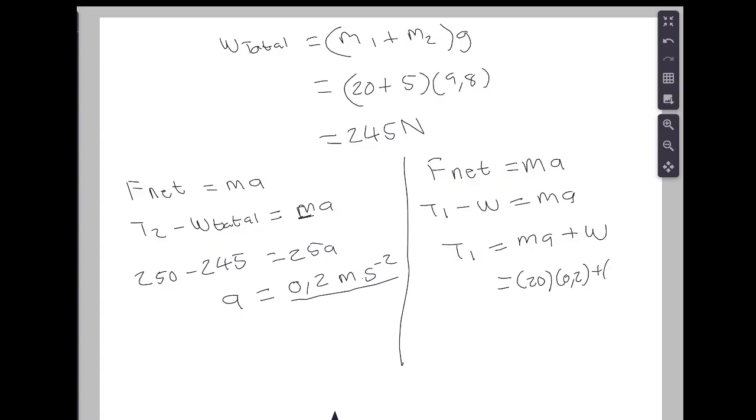So plus 20 times 9.8, which is equal to 20 multiplied by 0.2 is 4 plus 20 times 9.8 will give us 200 newtons. So that is the force on T1.